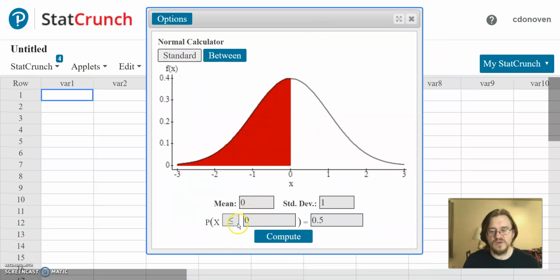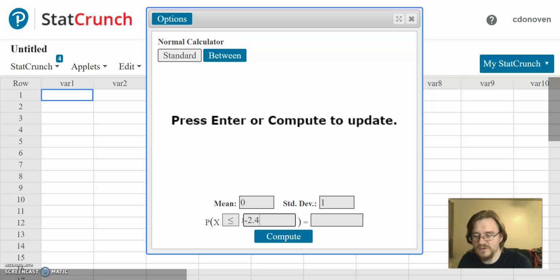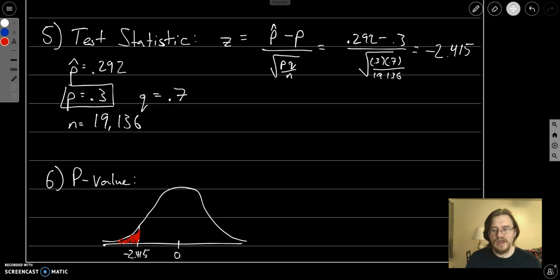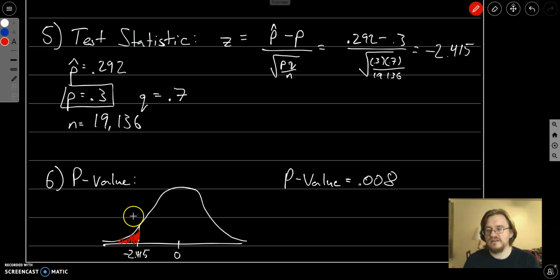And from here, we want to see the area to the left of negative 2.415, and we get 0.008 if I round to 3 places. So our p-value is going to be 0.008. So the area over here is going to be 0.008, which is where I get this value from.